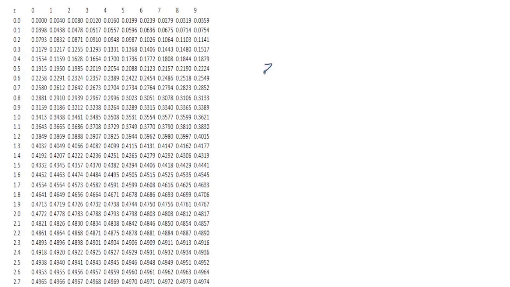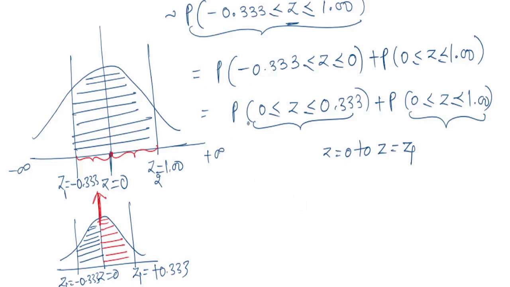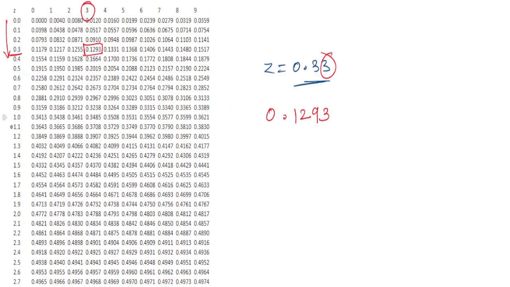Z is equal to 0.33. Two z's we will consider. Here z is 0.3, which we will see vertically, and one more 3 means we will check the third column. The common intersection value is 0.1293. So we write the probability from 0 to 0.33 is 0.1293, plus again we check now for z is equal to 1, that is 1.00.